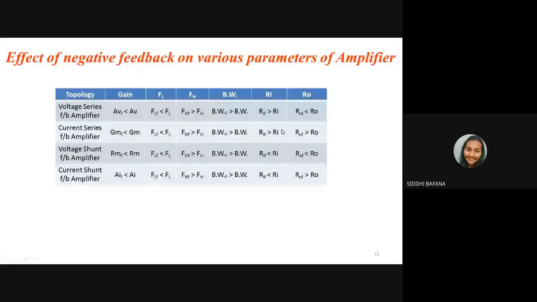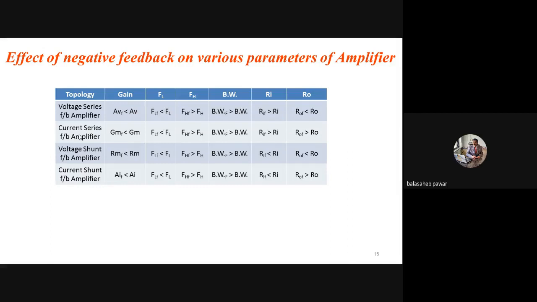Okay, now switch to Ro, that is output impedance. For this current series feedback amplifier, what is the output? Current, you already answered it. So correlate it with the current amplifier. Current amplifier output is also current, and for the transconductance amplifier output is again current. For an ideal current amplifier, how much is the output impedance? It is infinite, you noted it.